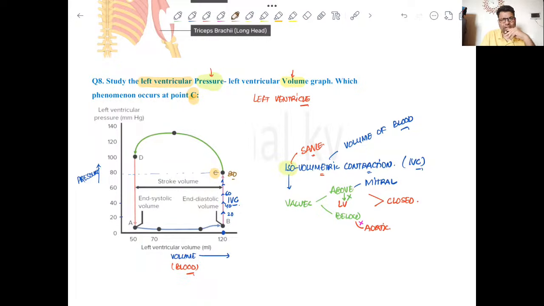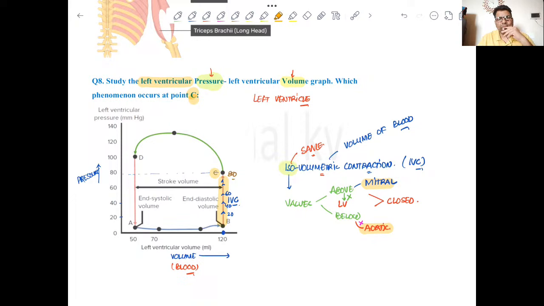So the pressure is increasing, but the volume is same. And why the volume is same? Because the mitral and the aortic valves are closed. Neither blood can flow inside the ventricle, neither the blood can leave ventricle. So it is IVC. So this part is isovolumetric contraction. Now what happens when the ventricle will keep on contracting and when the pressure in the ventricle will keep on increasing?